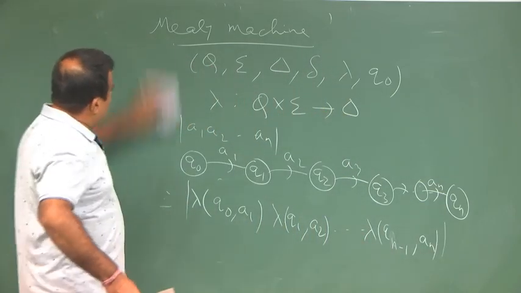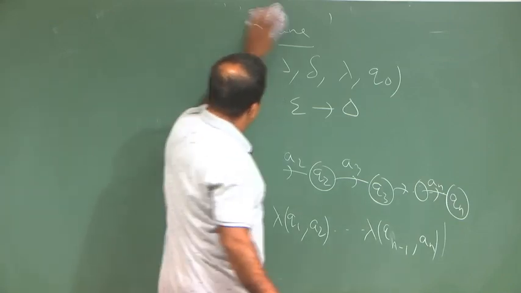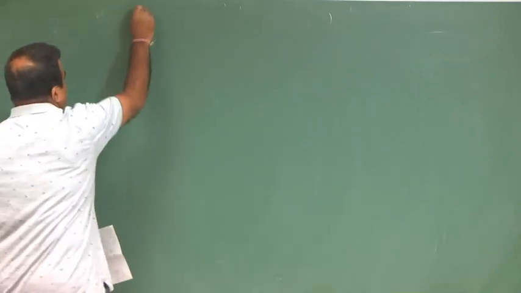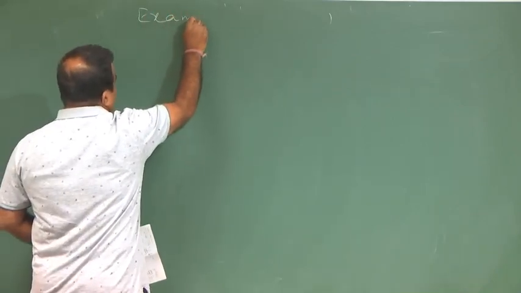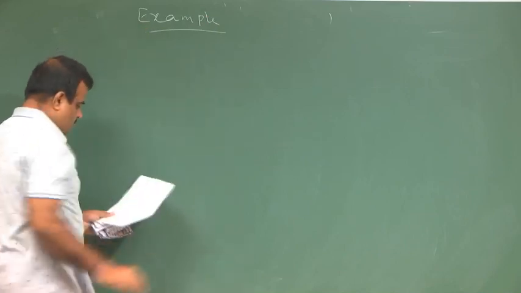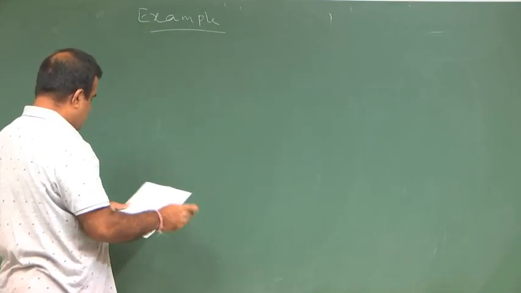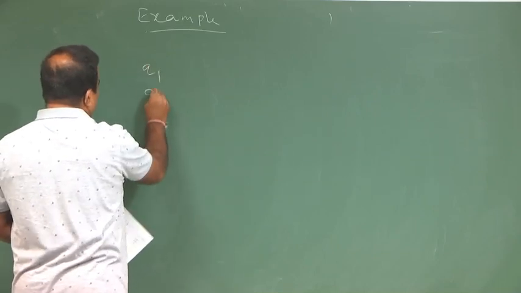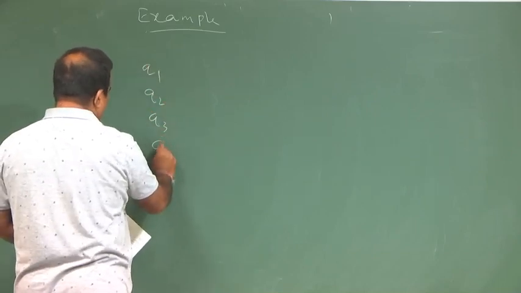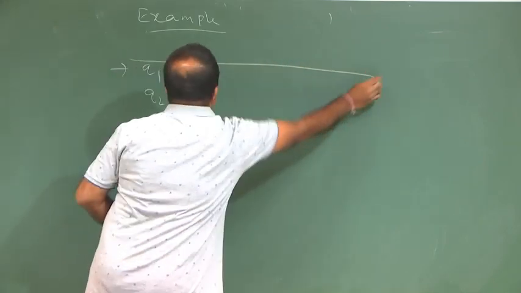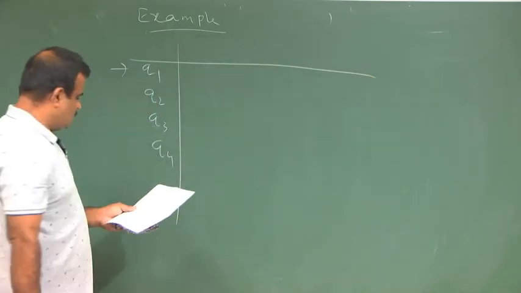And we have seen one example of this Mealy machine. Say we have 4 states Q1, Q2, Q3, Q4, and Q1 is the starting state. Let us write the transition rules.